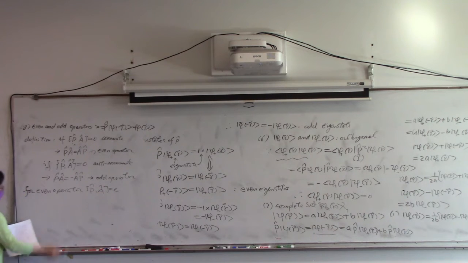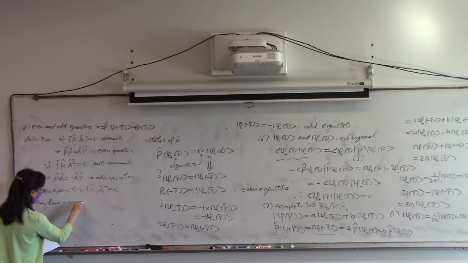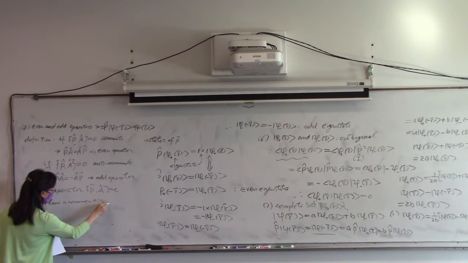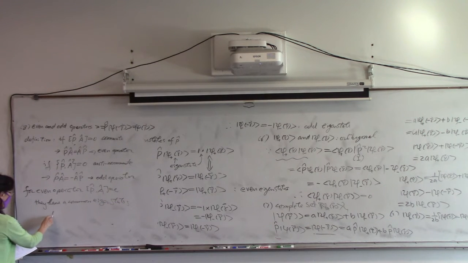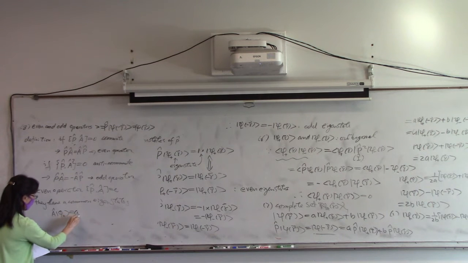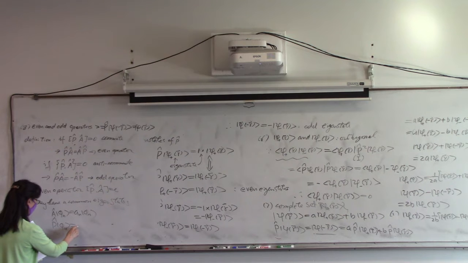Equal to 0. So what does that mean? They have a common eigenstate, such that if this is the eigenstate of A, it gives us A n, and then the parity operator P also follows this.